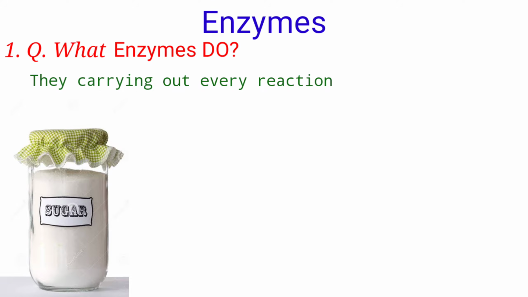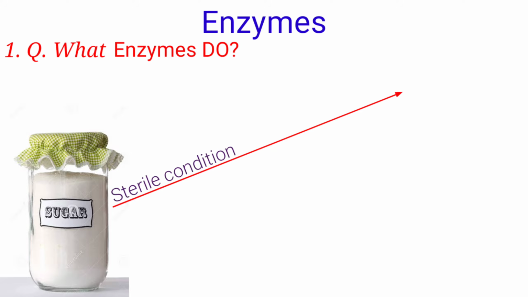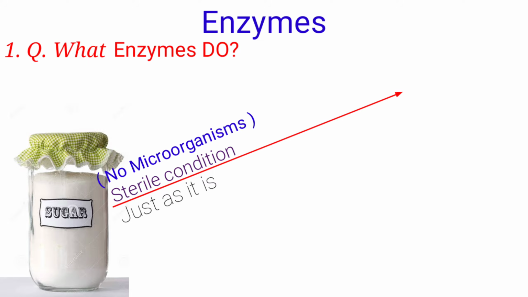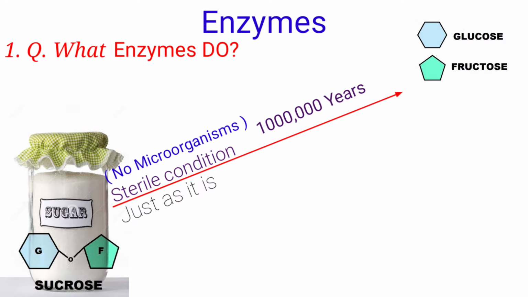Let's consider one example. You have kept sugar in a jar in sterile condition. Sterile condition means no microorganisms, no bacteria, no fungi. Just as it is, you have kept that sugar. It will take thousands or millions of years to convert that sugar, which is nothing but sucrose, into fructose and glucose.